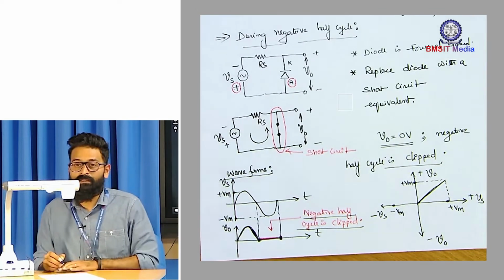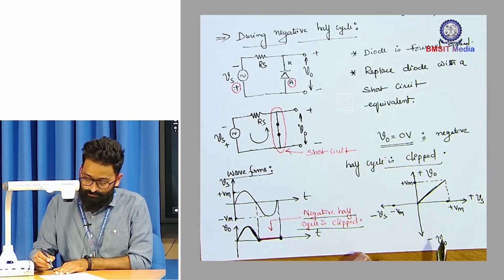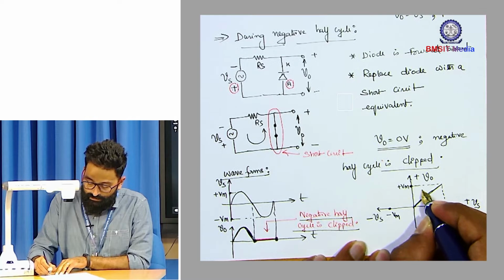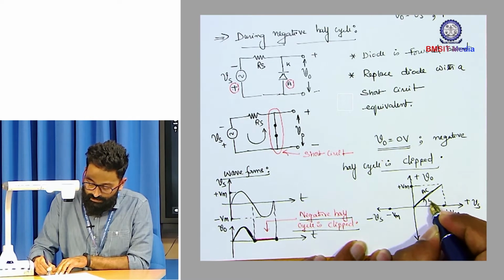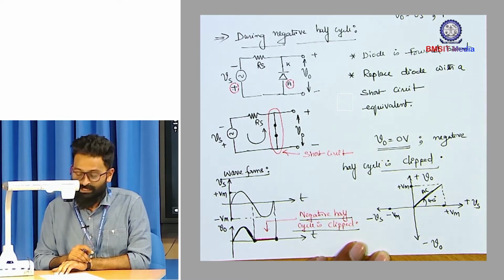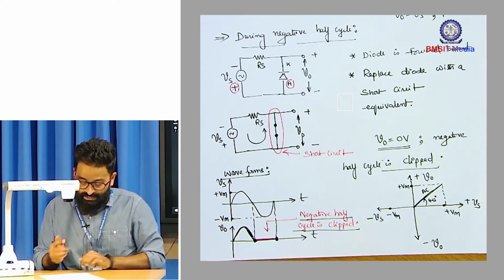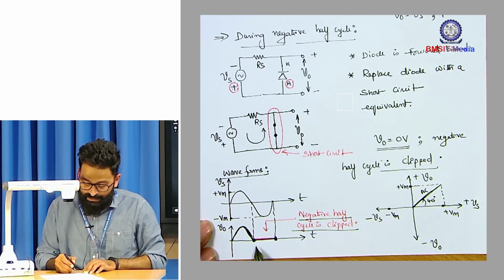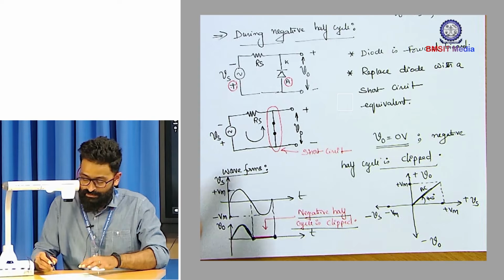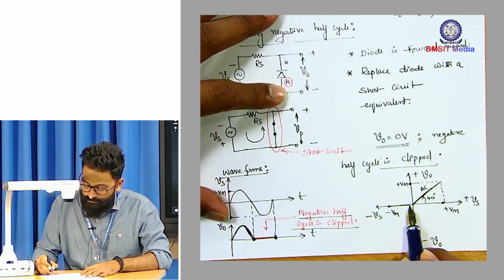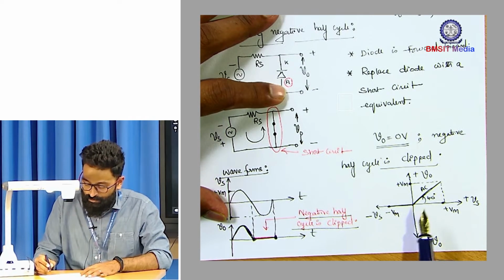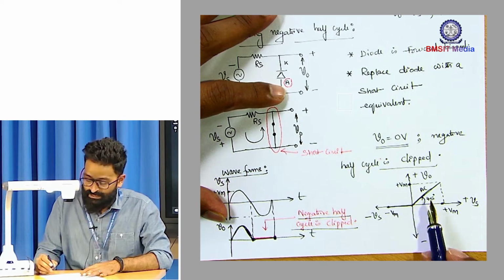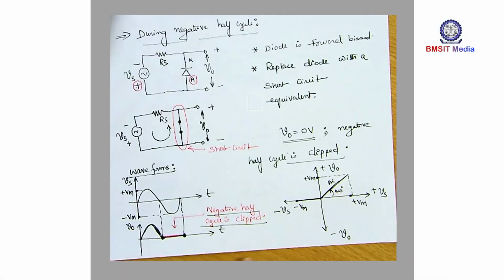So that's your transfer characteristics for positive half cycle. This is Vs and 45-degree inclination. Alright, and for the negative half cycle, what are we seeing? We are seeing a 0 volt output, hence you can say that the output simply overlaps the negative x-axis. So this is the transfer characteristic.